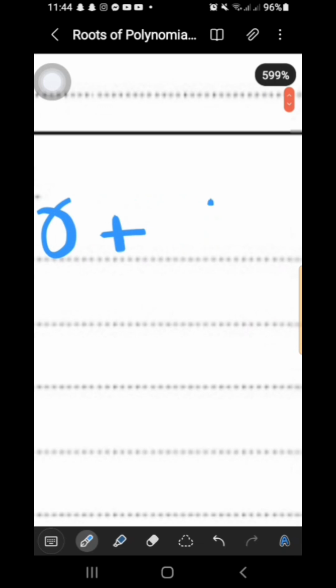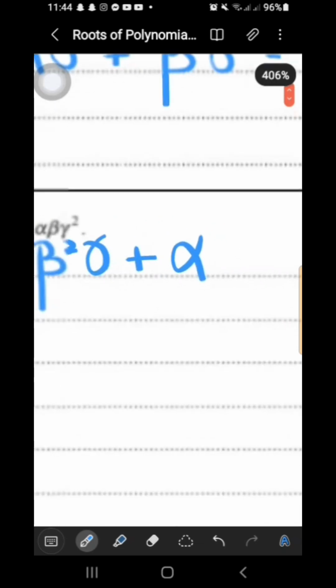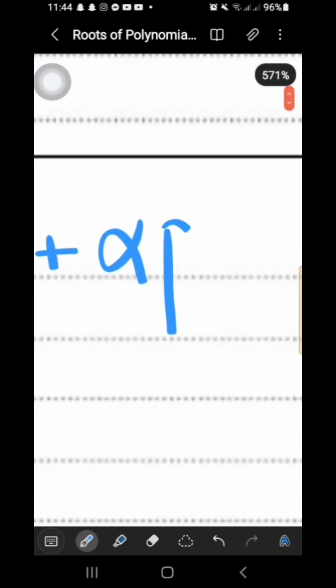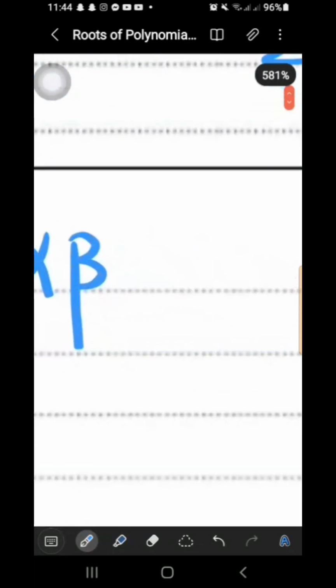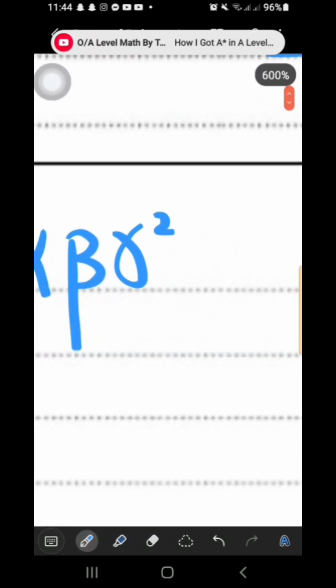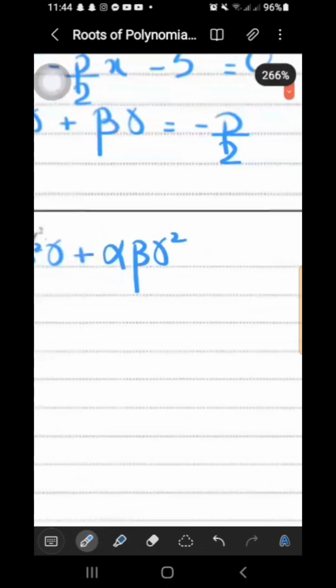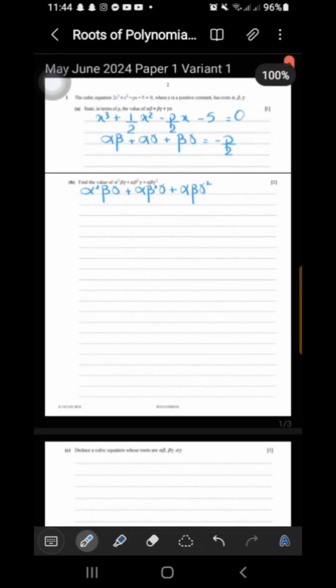Plus alpha beta... I think I made a mistake here. No, it's also okay. We wrote this, and now we will see which terms are common in this.